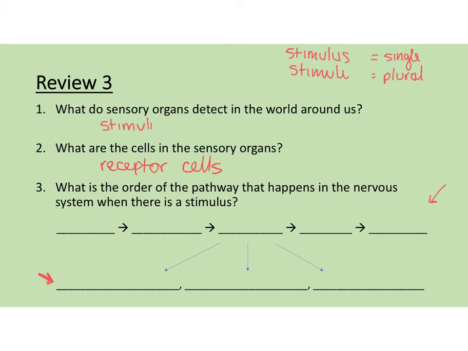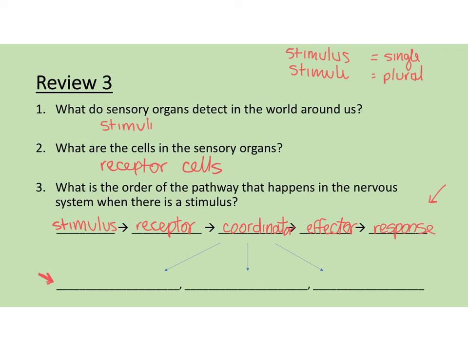And number 3, what is the order of the pathway that happens in the nervous system when there is a stimulus? So it was stimulus, receptor, coordinator, effector, and response.